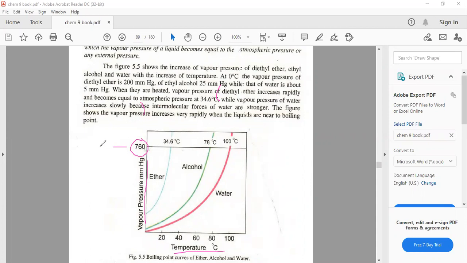We are at sea level. When we move to altitude or higher places, the atmospheric pressure is different. But at sea level, the atmospheric pressure is equal to 760 mmHg or 760 torr or 1 atm. These are all equal in different units.